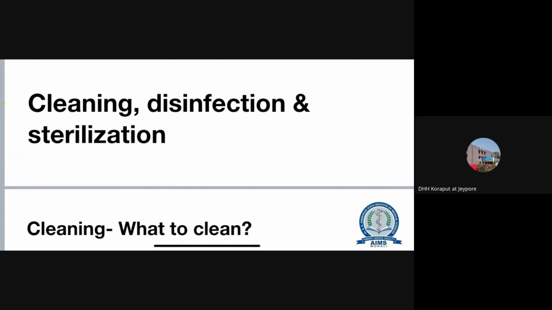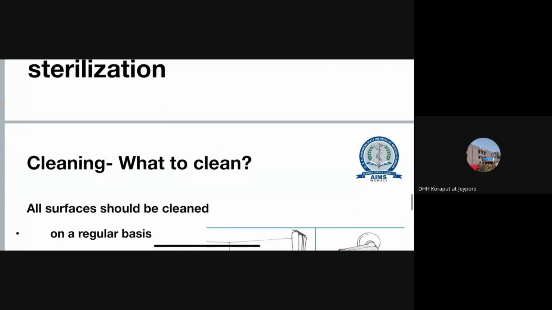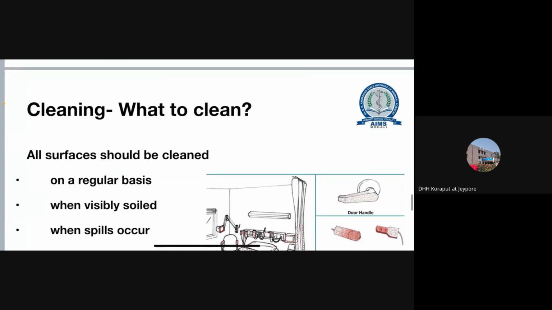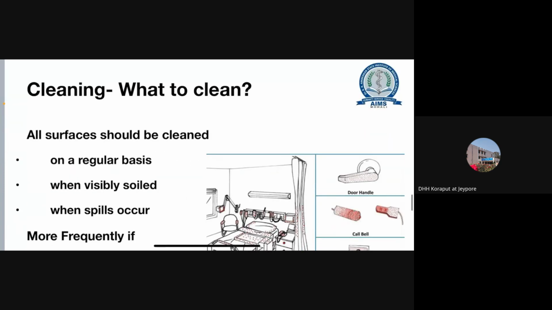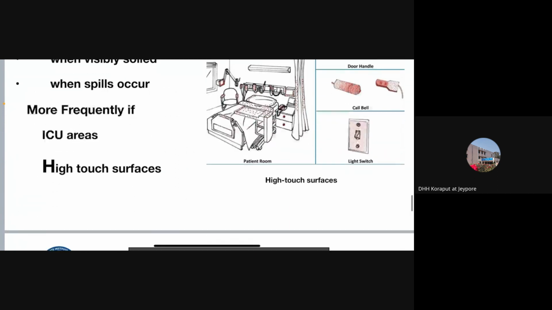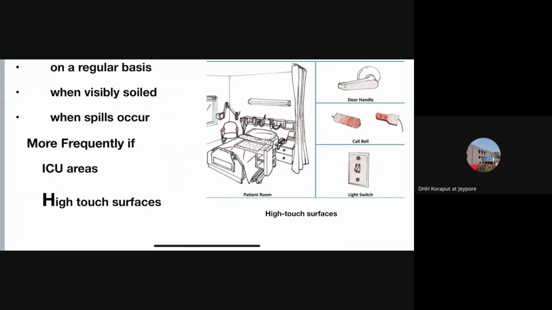The equipment used in high critical areas needs a good level of cleaning, which should involve sterilization. If we talk about what to clean, all the surfaces should be cleaned on a regular basis, when visibly soiled, and when spills occur. The frequency should be higher in ICU areas and on high touch surfaces.